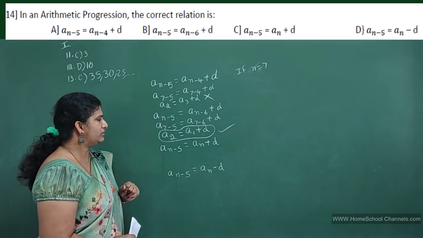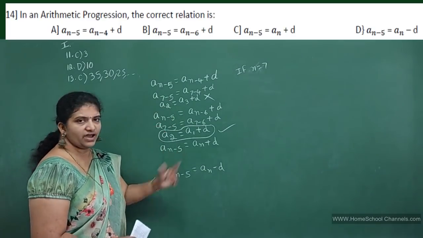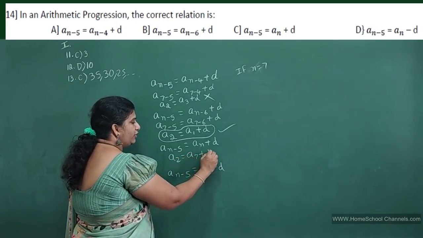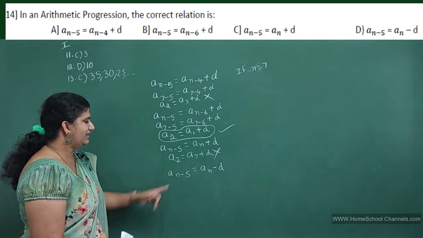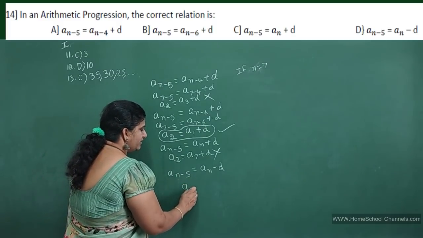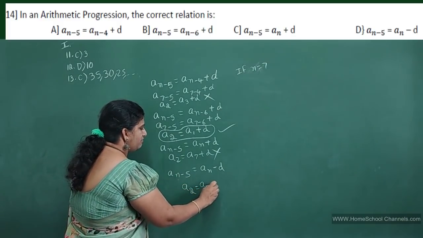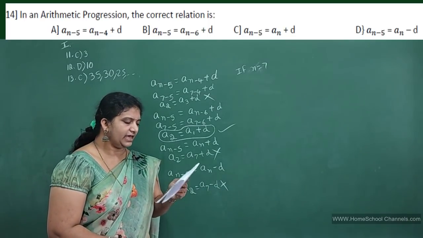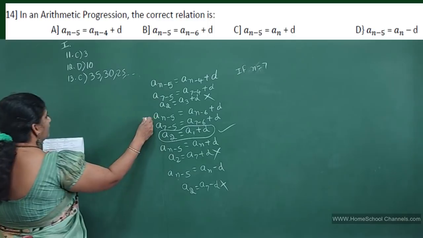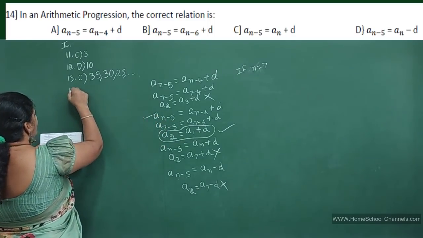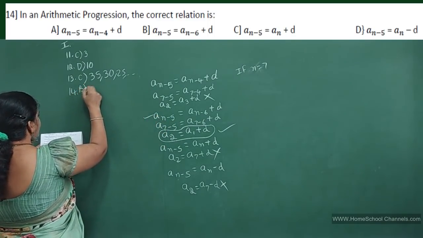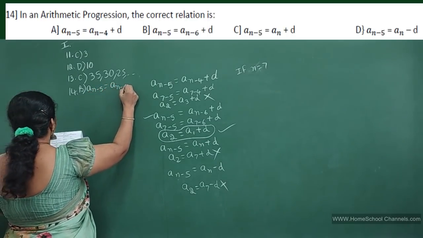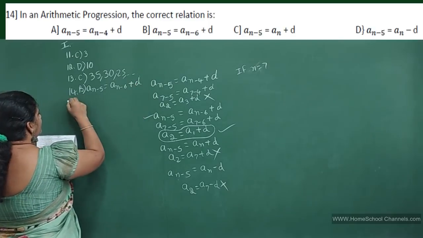And let's check this one also. 7 minus 5, that will be A2 is equal to A7 plus D. No, not at all. And here, 7 minus 5, A2, A7 minus D. No. So therefore, your correct answer is option B. This one is the right answer. Option B, A(n minus 5) is equal to A(n minus 6) plus D.